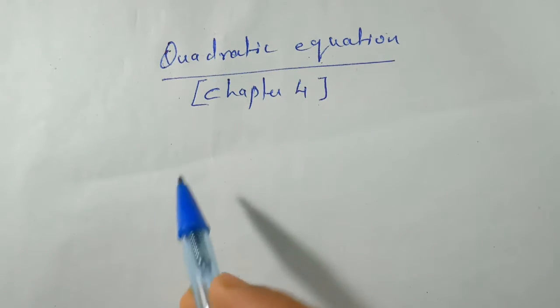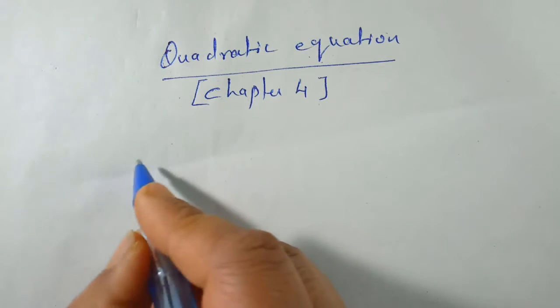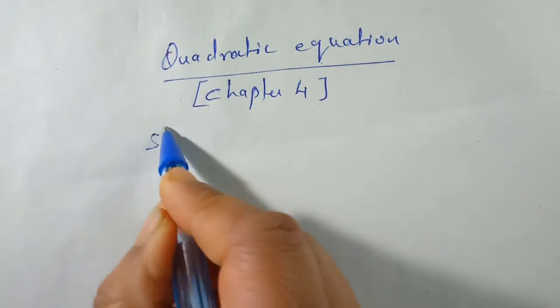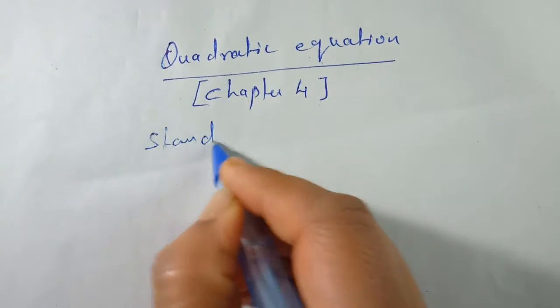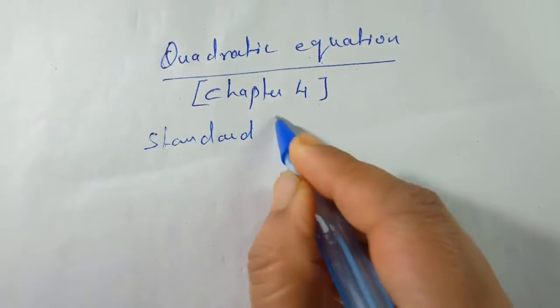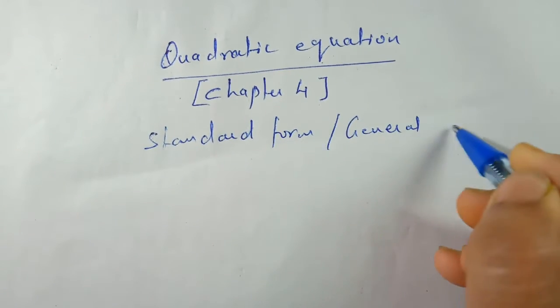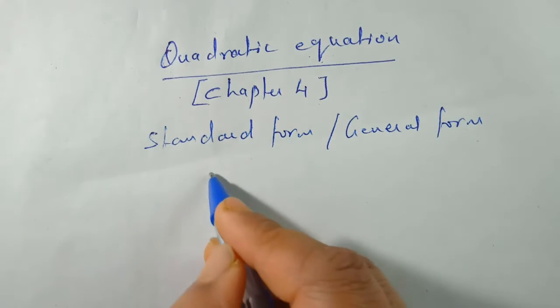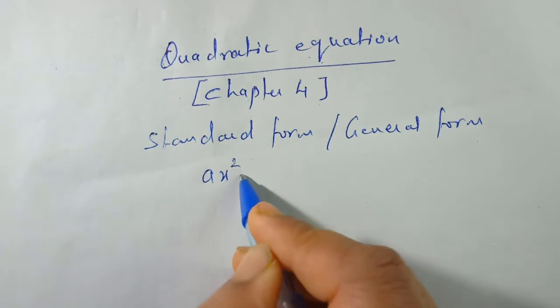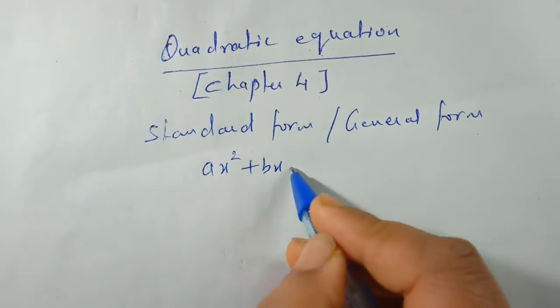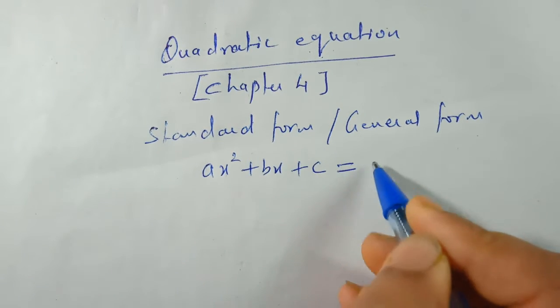So there is a general form of quadratic equation which we have to learn, which we can call the standard form or general form. It is ax square plus bx plus c equal to 0.